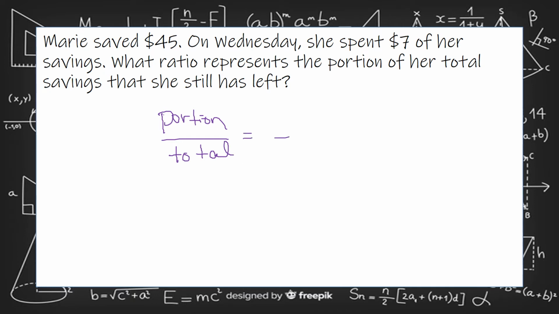The total was $45, and we need the portion she still has left. She spent $7, so I can do 45 minus 7, and that's 38. I can't simplify 38 over 45, so I'm just going to leave it. And that would be my ratio.